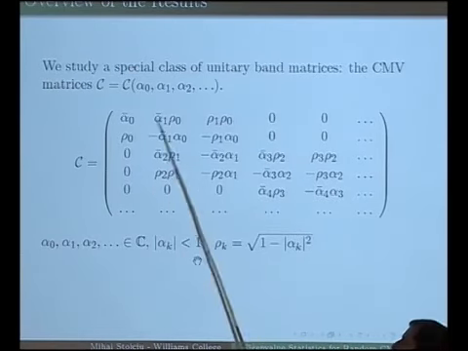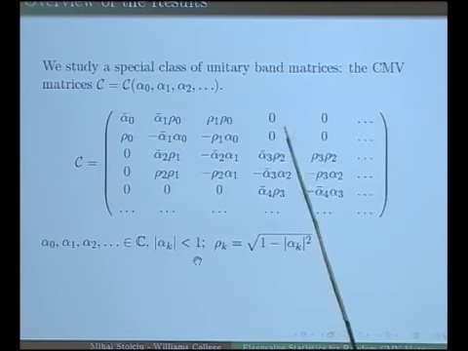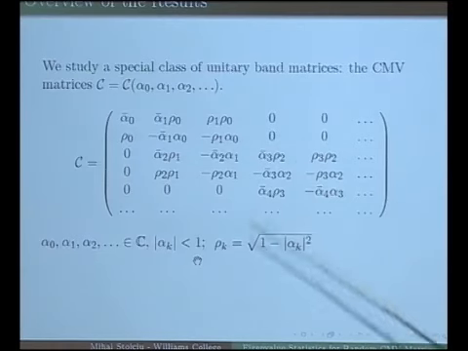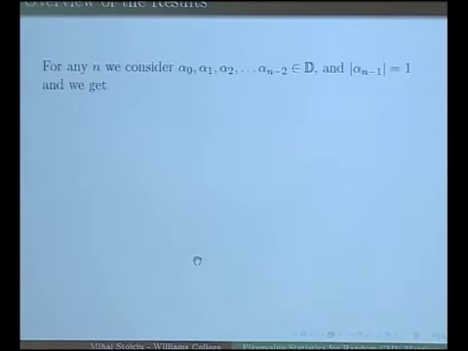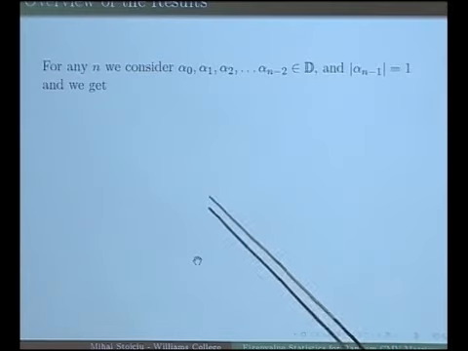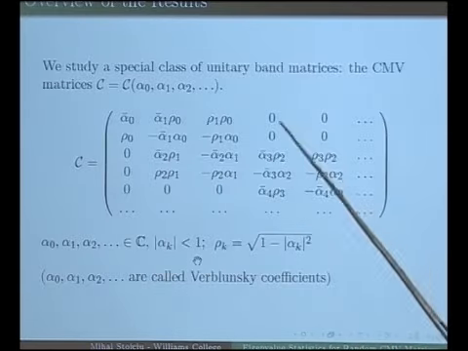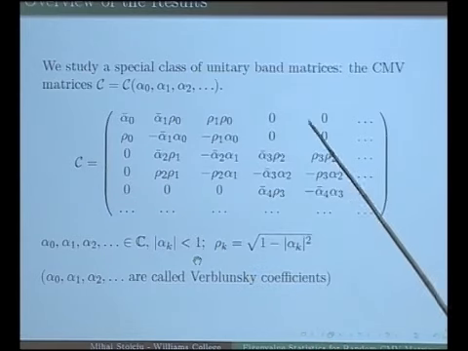And these rows here, rho k is the square root of 1 minus the absolute value of alpha k squared. So I construct this matrix, and now you can check by multiplying columns that this is indeed unitary. And I will explain how we get this form. As I said, these numbers are called Verblunsky coefficients, from Samuel Verblunsky.